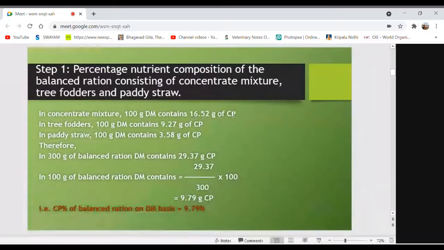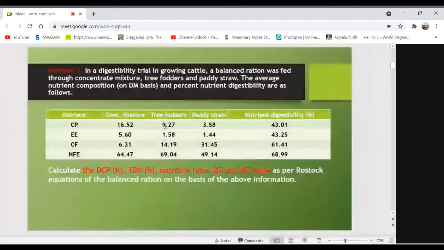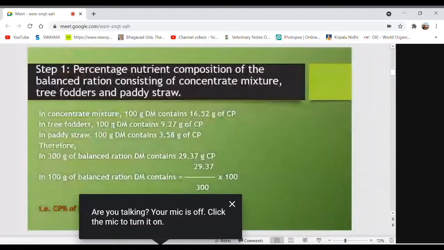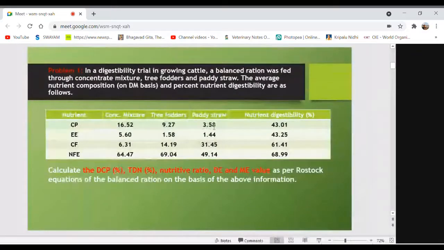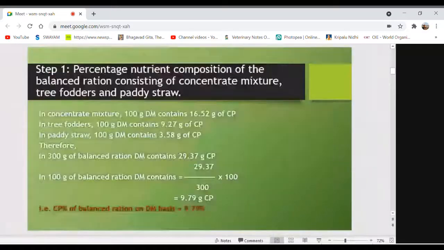And in tree fodder, in 100 gram, it is how much? In tree fodder, 100 gram dry matter contains 9.27 gram of CP. Okay, you just see very seriously. Then in paddy straw, 100 gram dry matter contains 3.58 gram of CP. Therefore, total is how many gram? This is 100 gram, this is 100 gram, this is 100 gram.